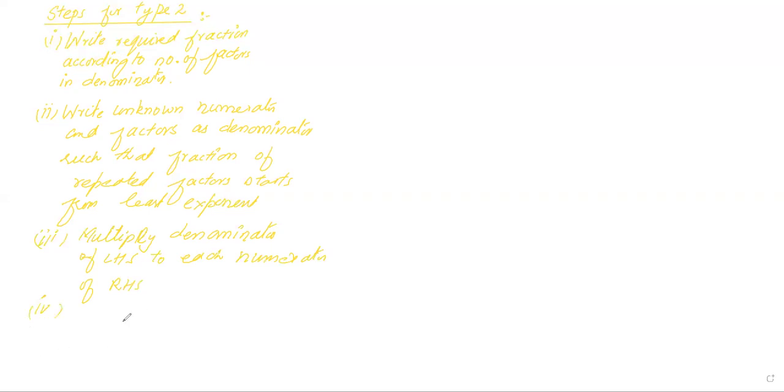Number 4: find the unknown numerator of the non-repeated factor by the type 1 method.